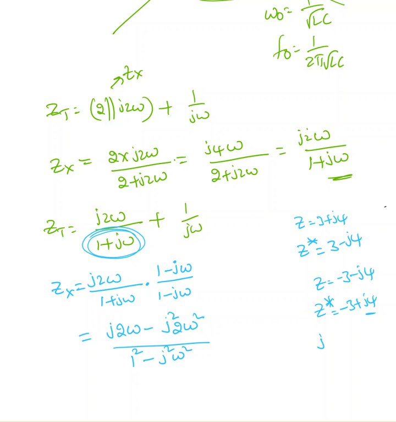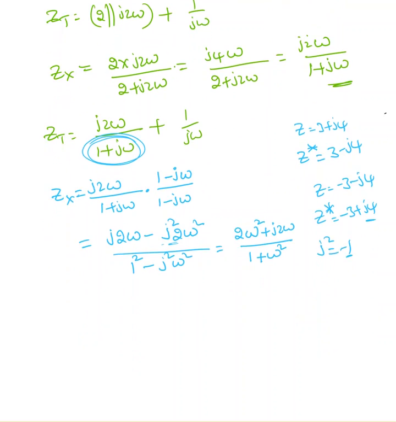J square is nothing but -1, so negative, negative, positive, so 2 omega square plus j2 omega over 1 plus omega square. That's the Zx.